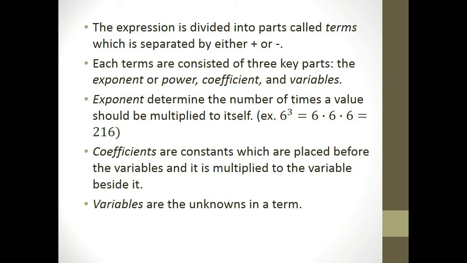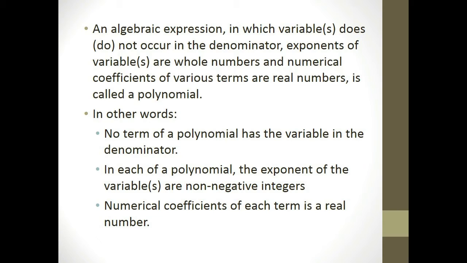For example, 6 cubed, which is also 6 times 6 times 6, results in 216. Coefficients are constants which are placed before the variables, and it is multiplied to the variable beside it, while variables are the unknowns in a term.